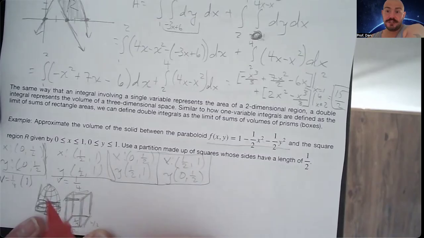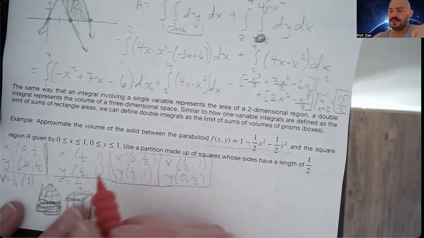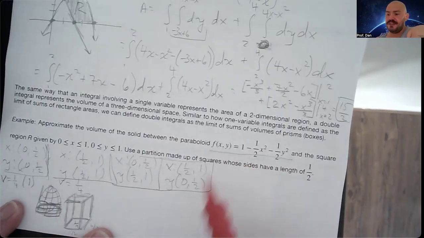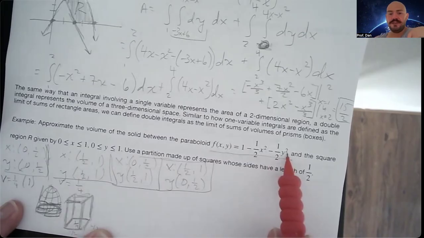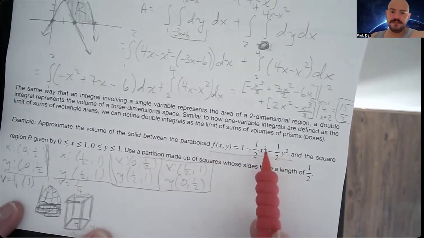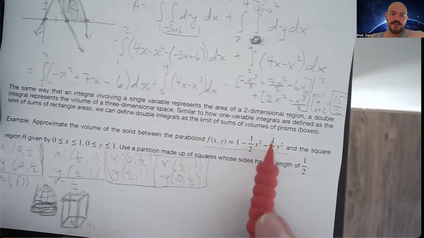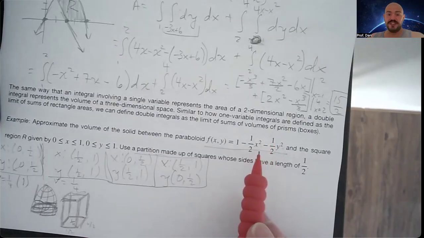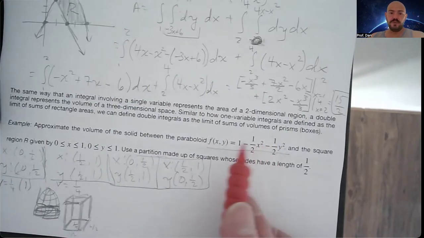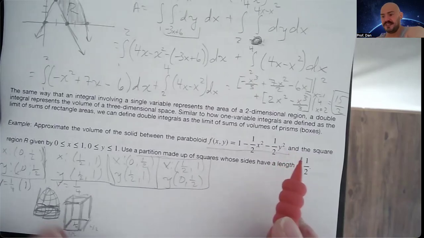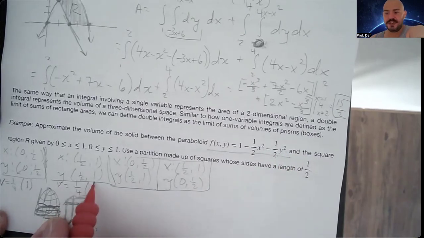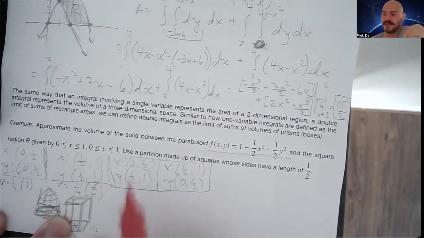Change in x times change in y. And then the height of the box we would get from plugging 1/2 in for x and for y. So if I do that, 1/2 squared gives me a fourth times another half gives me an eighth. So basically I have 1 minus 1/8 minus 1/8, which gives me 6/8, which is the same thing as 3/4.